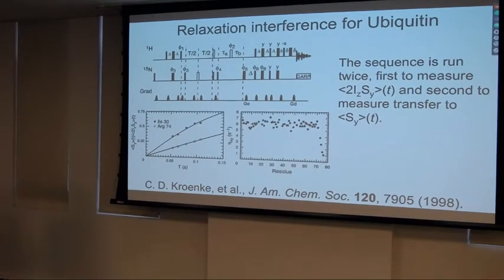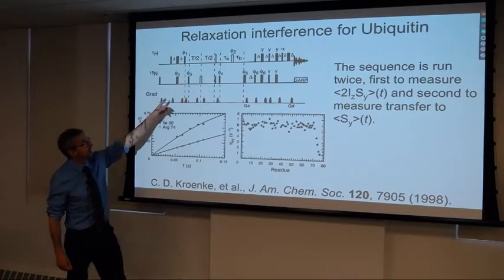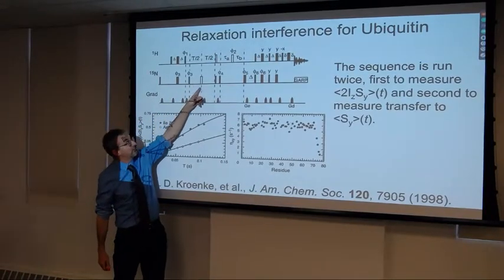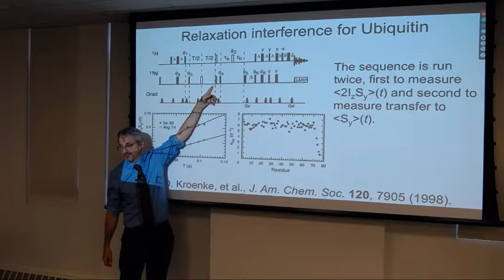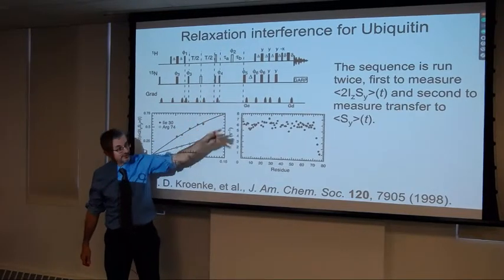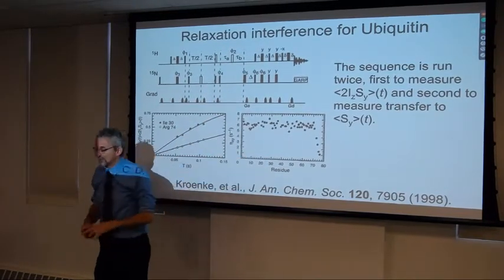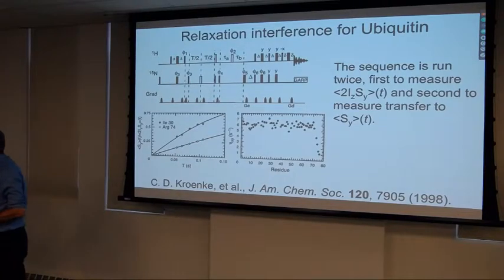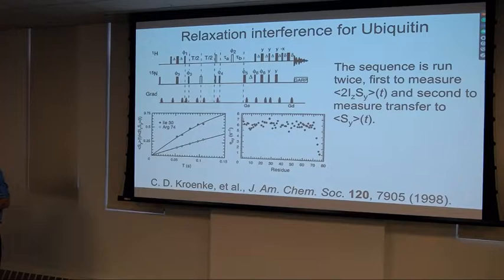So due to the cross relaxation, if we start with antiphase, we'll end up with a mixture of antiphase and in-phase magnetization because of the phenomenon shown on the board. So in one experiment, we'll purge the in-phase magnetization and detect the antiphase magnetization. And in the second experiment, we'll purge the antiphase magnetization and detect the in-phase magnetization.